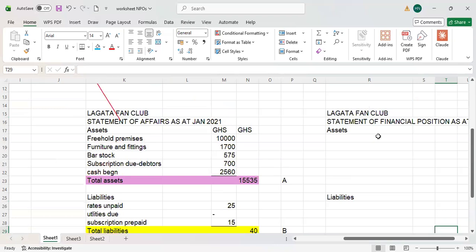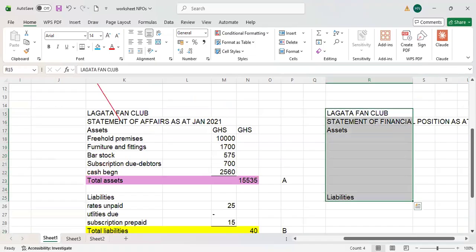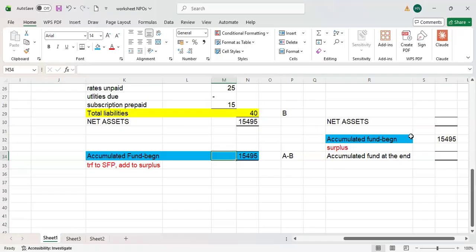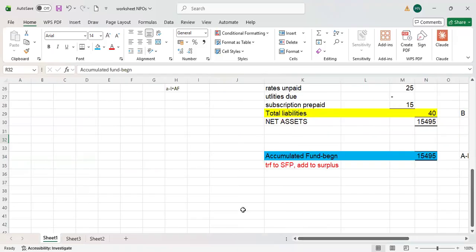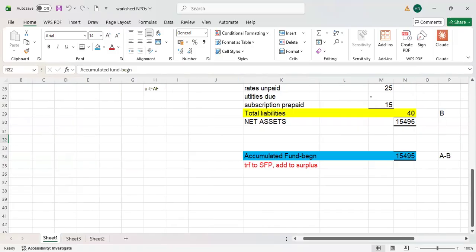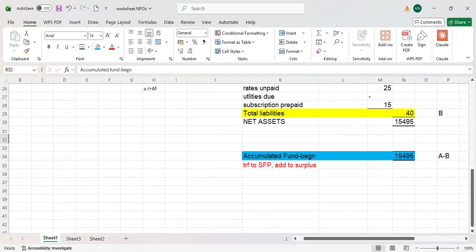Open another page, put all your headings there. And then when you calculate, you transfer it. Once you calculate this, you transfer it there because the page is already opened. Once you do this, you put it down. Then you can go to your trading, your income and expenditure account. If there's bar profit, you calculate that and then come and put that in there. Okay. So after this, you're going into your income and expenditure.